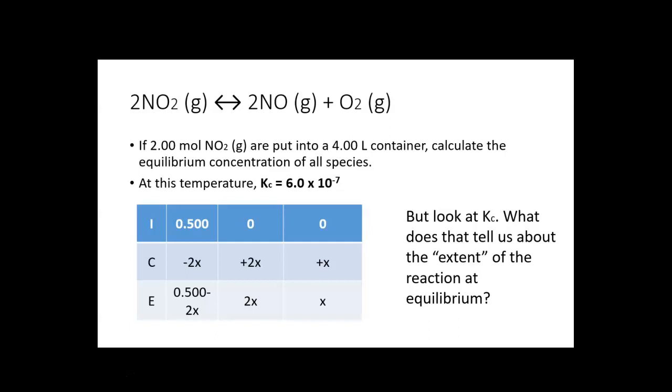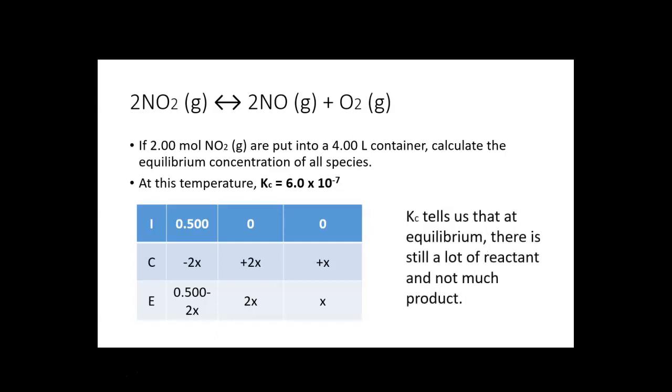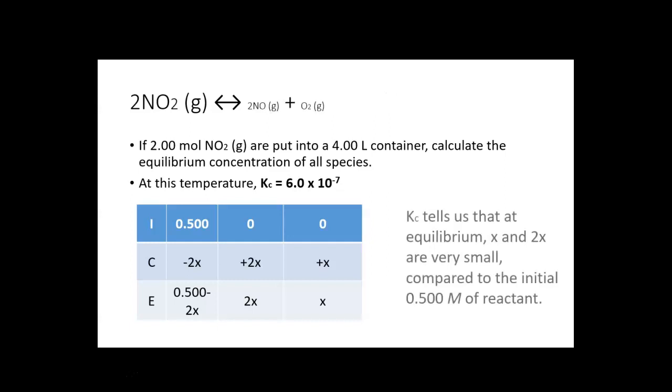What does this tell us about the extent of the reaction at equilibrium? If you're with a study group now, you might pause the video and discuss that. Hopefully you see that Kc tells us that at equilibrium there's still a lot of reactant and not much product. The product over the reactants is a very small number.